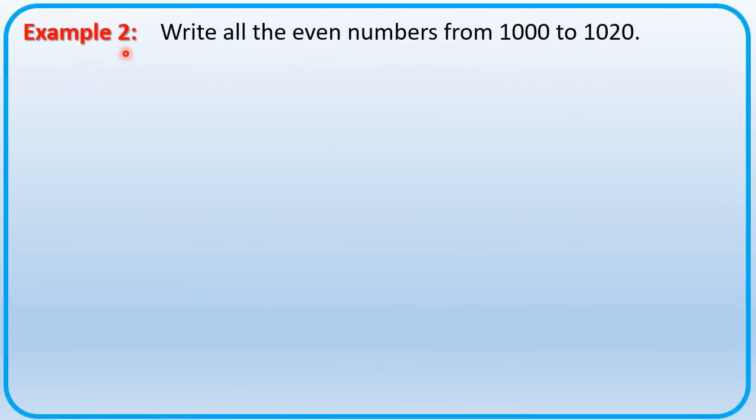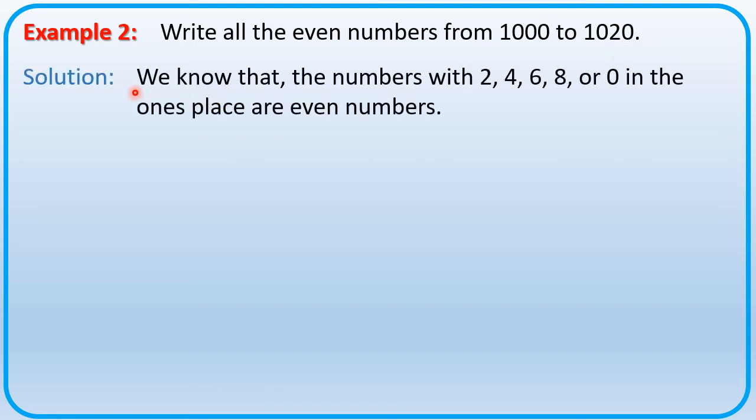Example number 2. Write all the even numbers from 1000 to 1020. Solution. We know that the numbers with 2, 4, 6, 8 or 0 in the ones place are even numbers.